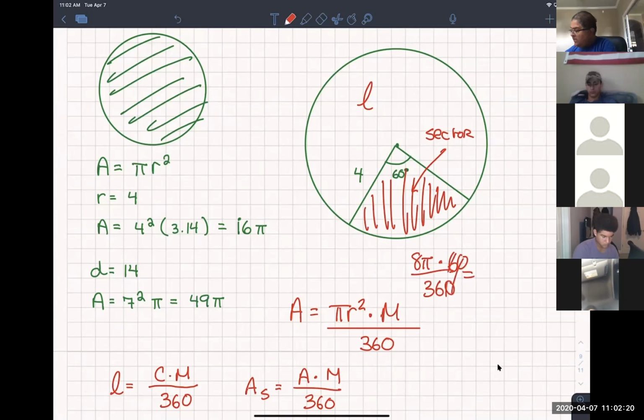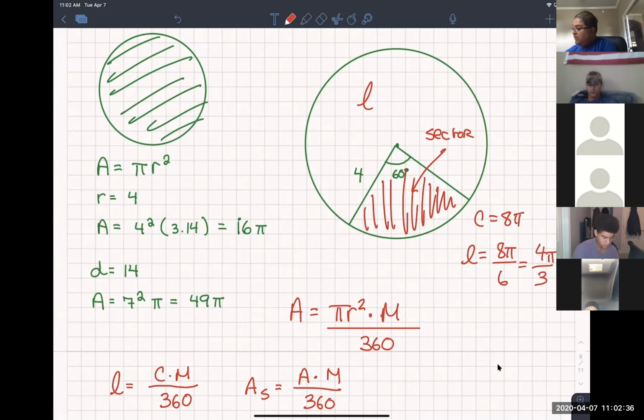So the circumference is pi times d. Oh, working too fast in my head. Circumference is 8 pi. So the arc length is 8 pi over 6, which is 4 pi over 3. Because remember, the arc length is the circumference times the arc measure divided by 360.